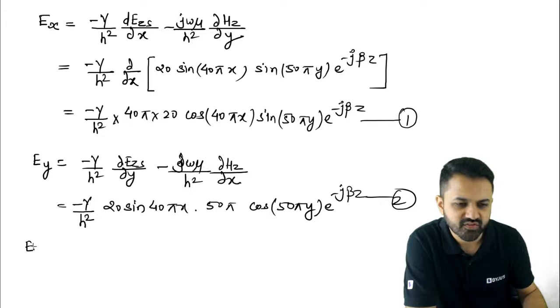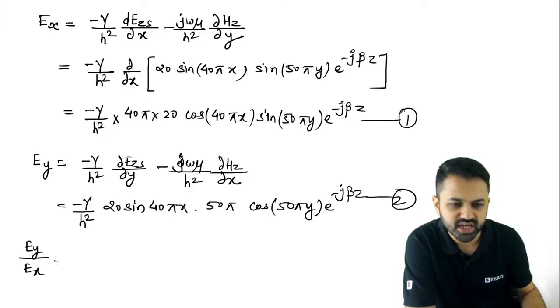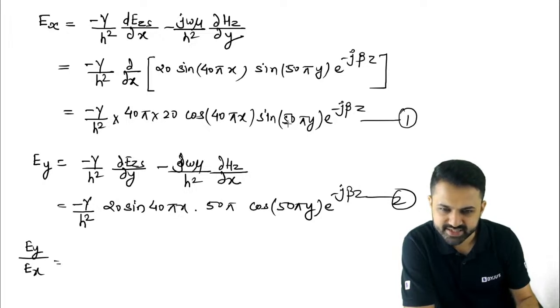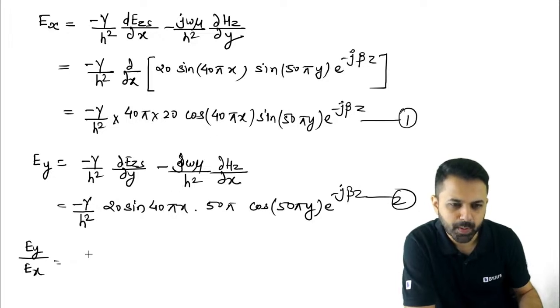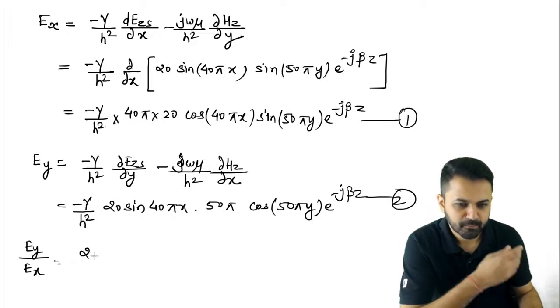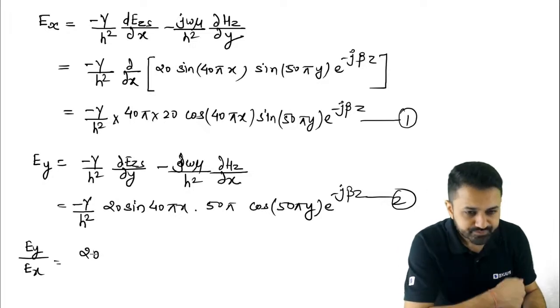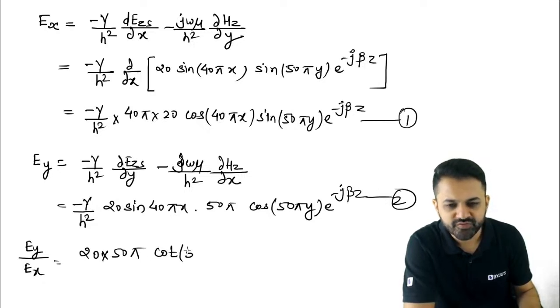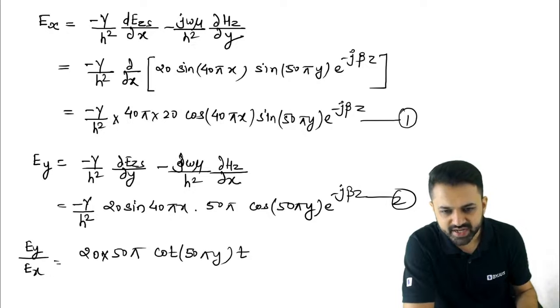If I divide EY upon EX, then this minus gamma upon h square will get cancelled, and cos upon sine is cot, and sine upon cos is tan. So 20 into 50 pi, these are the constants, and cot of 50 pi y and tan of 40 pi x.